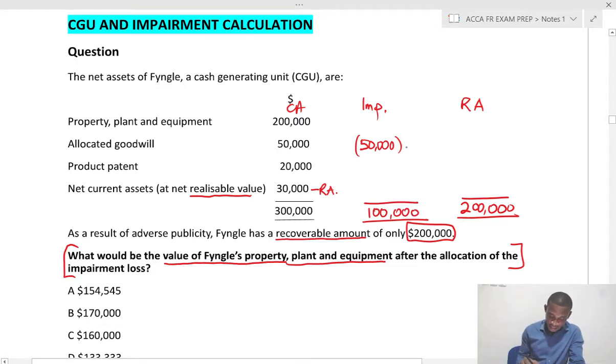So if we take out 50 from 100, we are left with 50, and this should be allocated between the remaining assets. So this is gone. The remaining assets in the CGU are allocated on a pro rata basis.